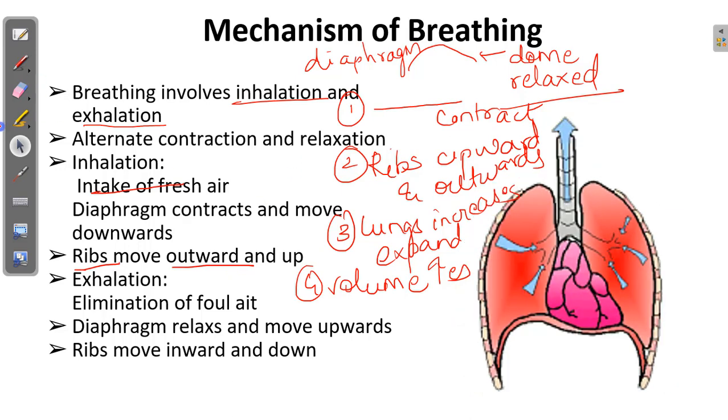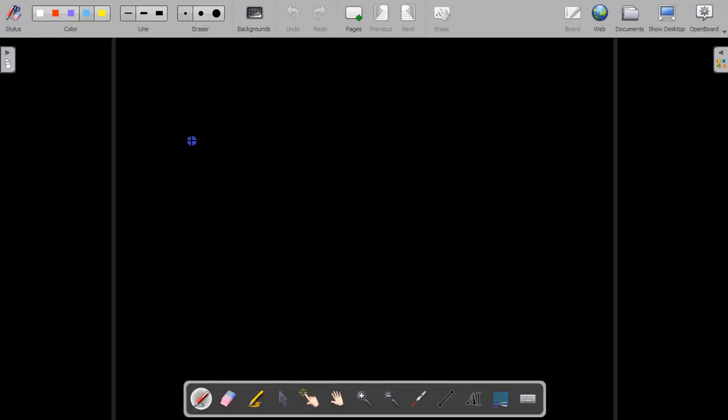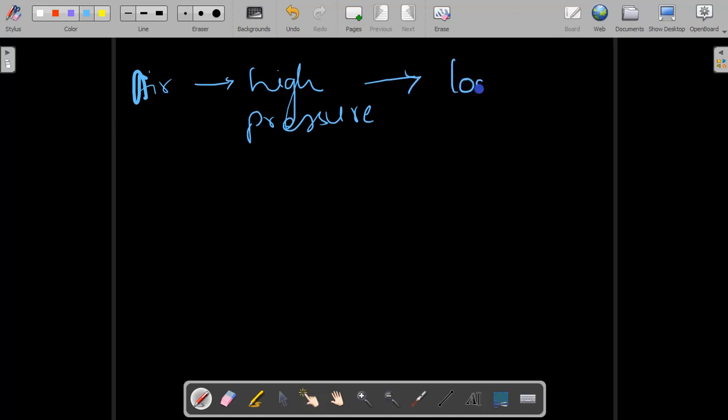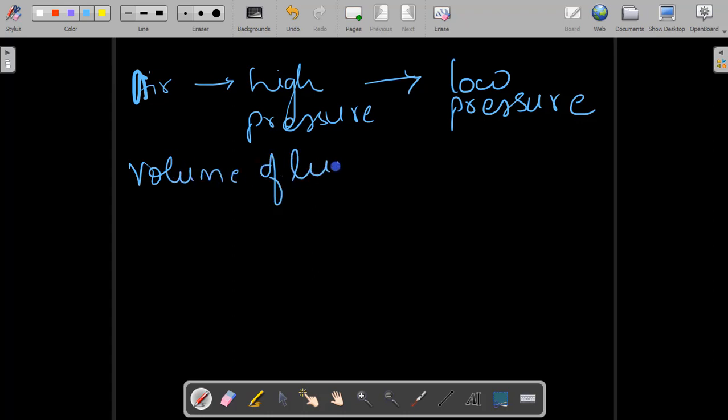And there is one important concept. It is always said that air always moves from the region of high pressure to the region of low pressure. Please remember this concept, that air always moves from the region of high pressure to the region of low pressure. Now what I said, the volume of lungs increases, right?